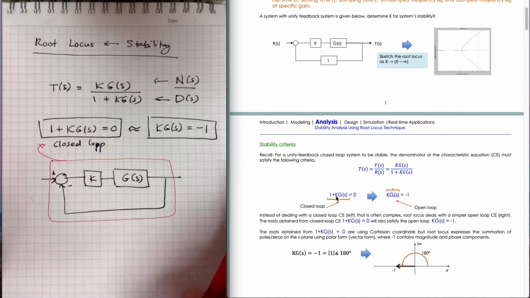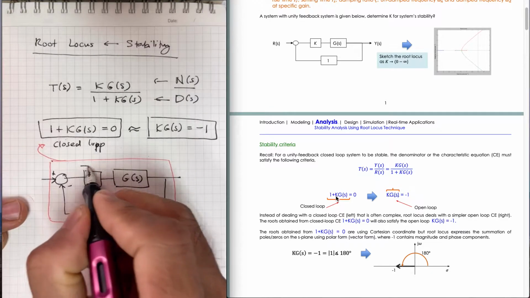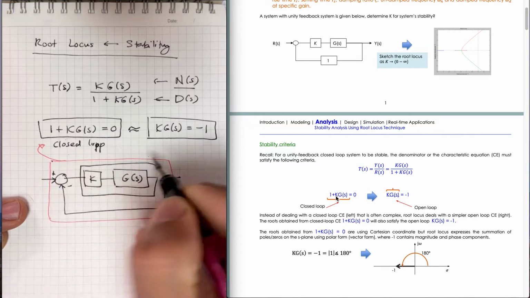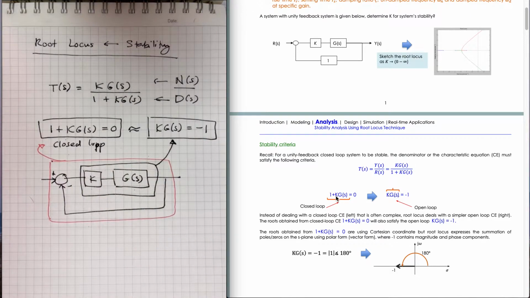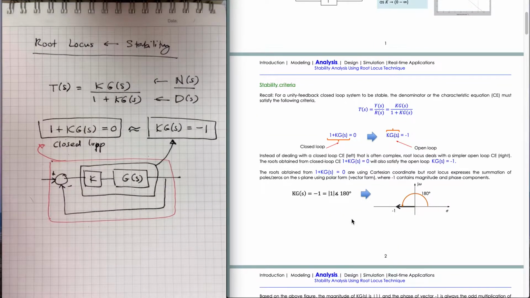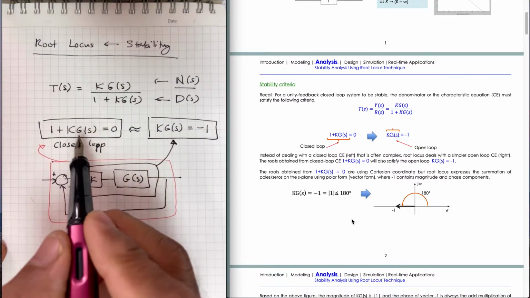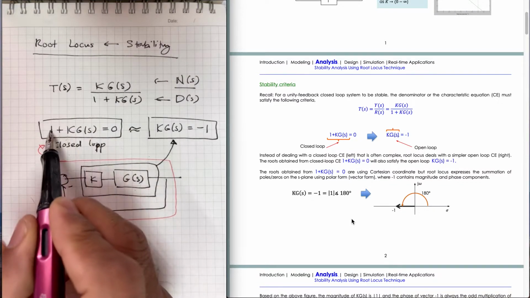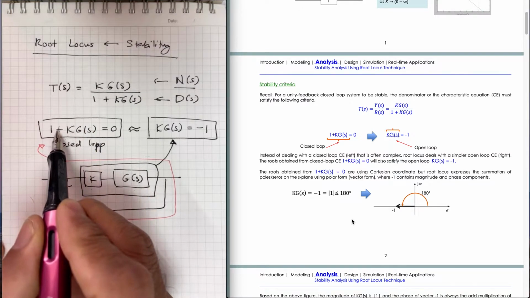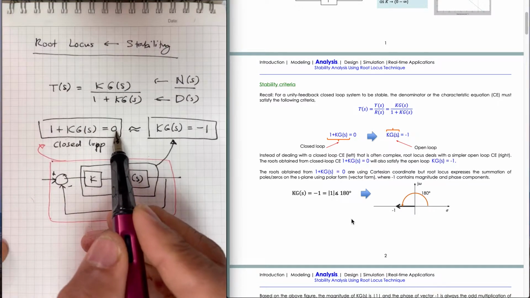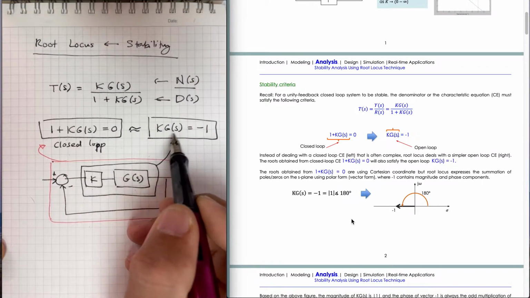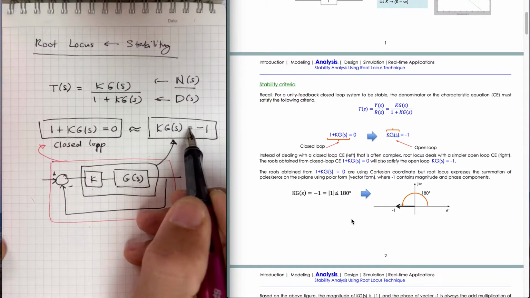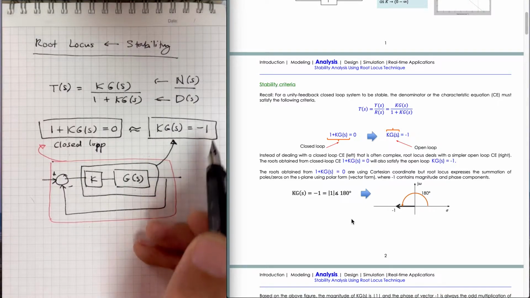But this one, KG(s), is the open loop system. So if we can find the roots of the denominator of the closed loop system equal to 0, we can also find the roots where the open loop system equals -1.